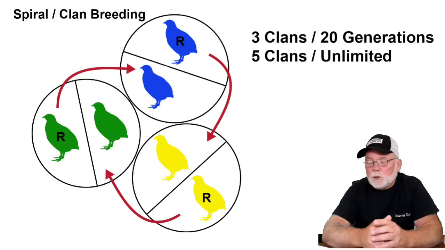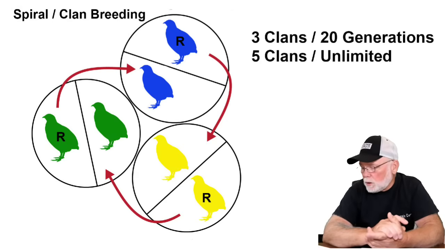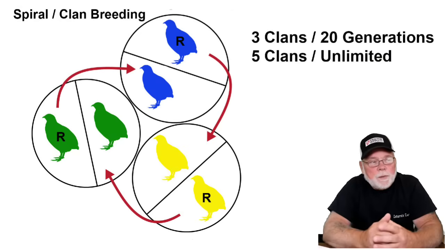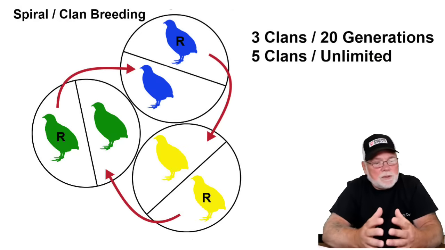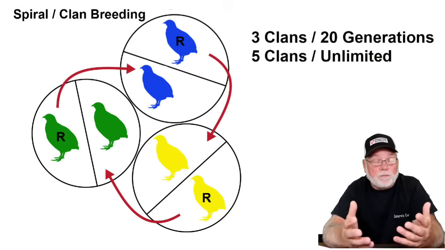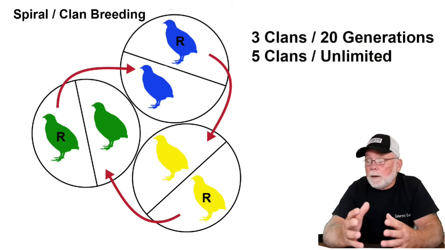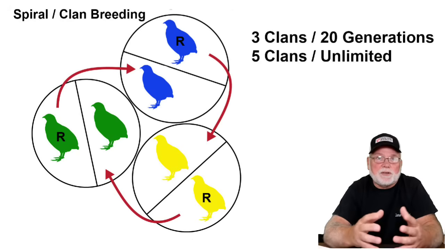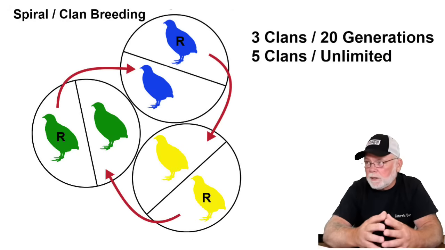I do want to say that if you want to introduce new genetics, you can do it from within your own group. Say you're working with a group of fawn and you're spiral breeding them, but you've reached, let's say, generation 20, and you're getting concerned about adding new blood.